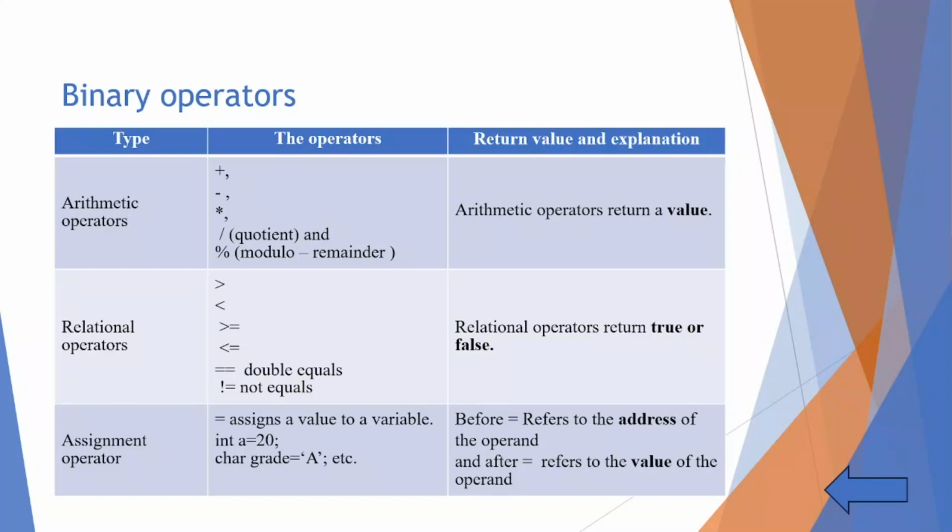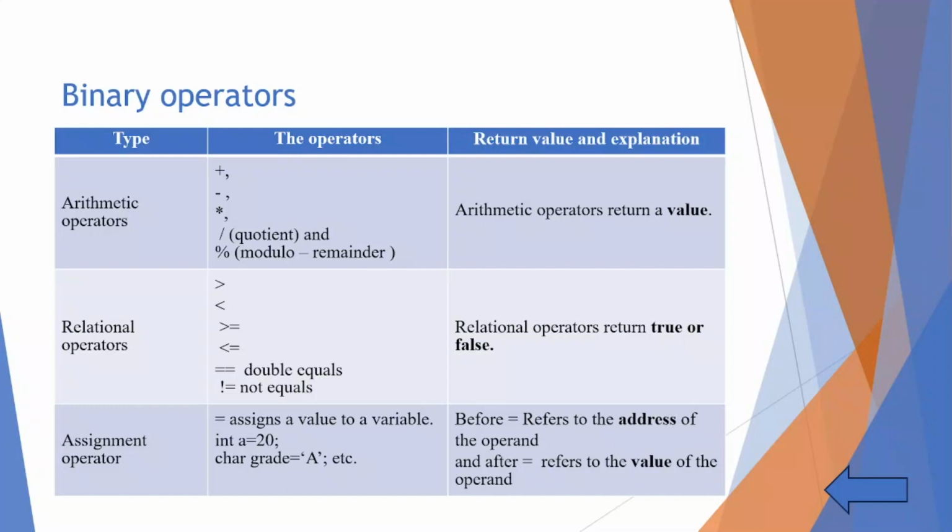Then the third category is assignment operator, equals to. int A equals to 20. char grade is equal to A. What is happening here? Equals to is storing the 20 value in the memory location A. So before equals to, it takes the address of the variable.